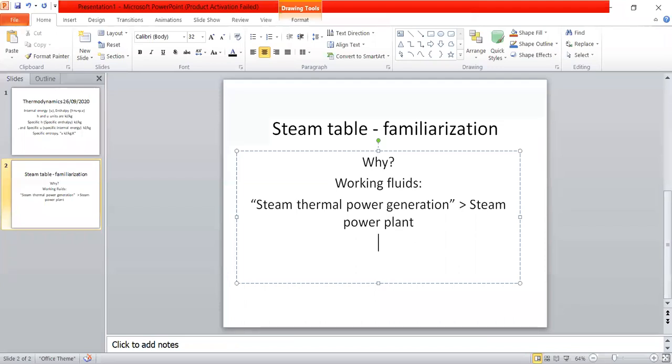So if you don't know how to read the steam table, how to get the data from the steam table, it is not possible for you to analyze the power plants. So that's why it is very important to learn about the steam.